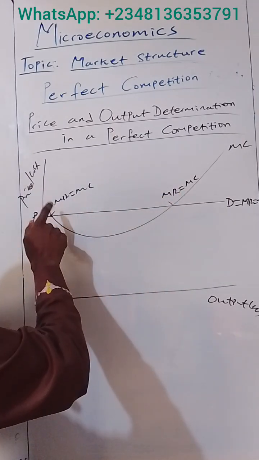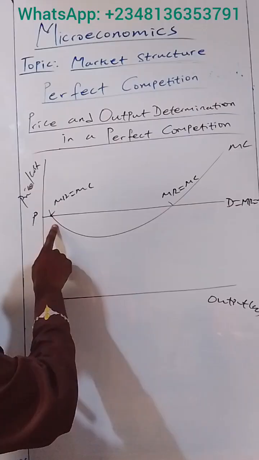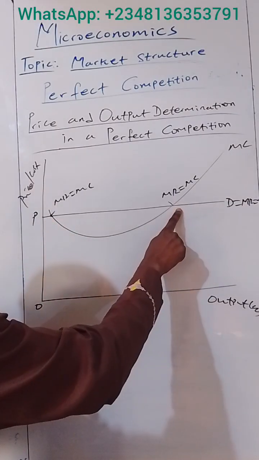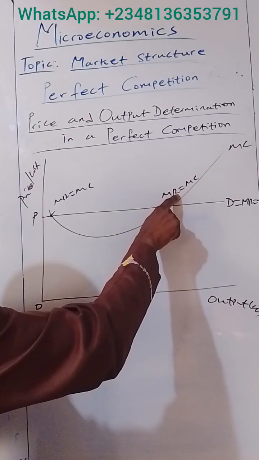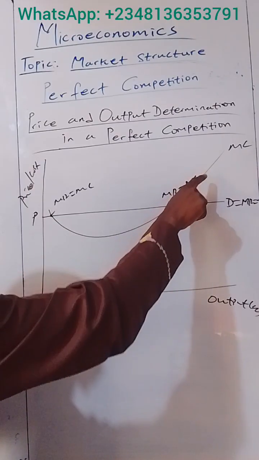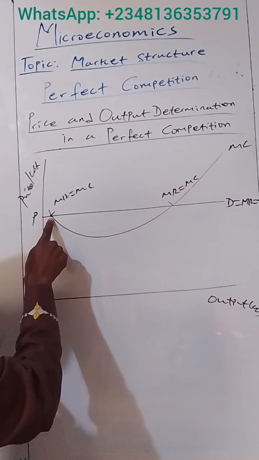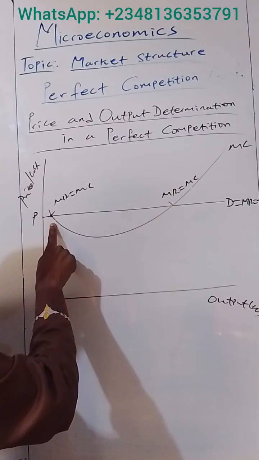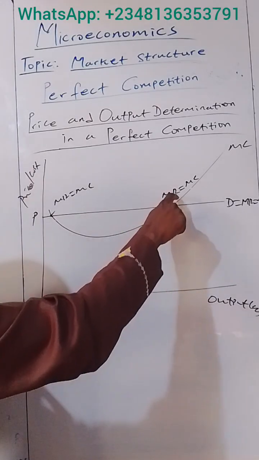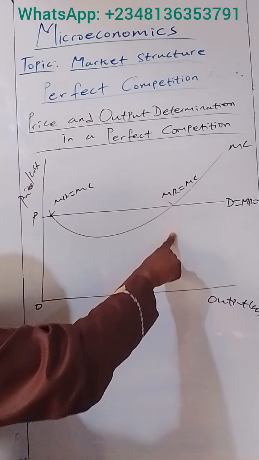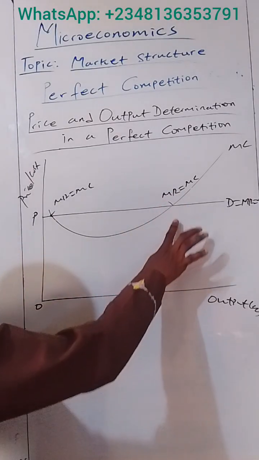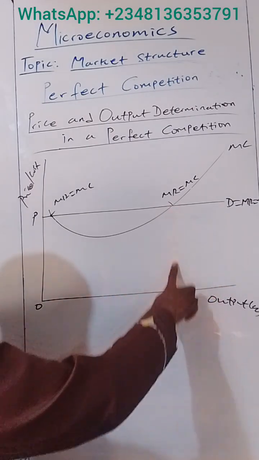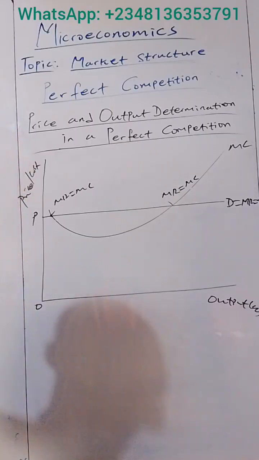But at this point it's not maximizing profit. The goal is to maximize profit because it can produce more than this unit. And if it produces more than this unit, it's still going to get to a point where MR is going to be equal to MC. So in other words, we are not going to take the first point as the profit maximization point. We are going to take this second point as the profit maximization point, because at this point it produces the highest possible level of output in order to make the highest possible profit.